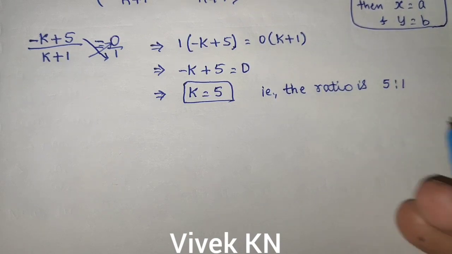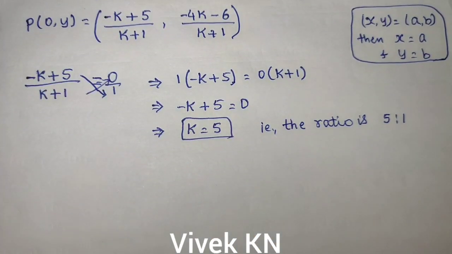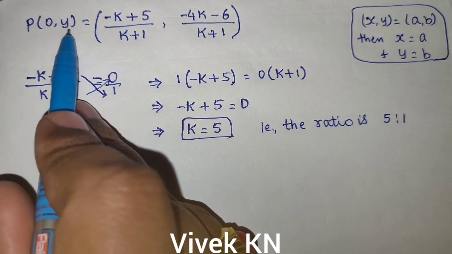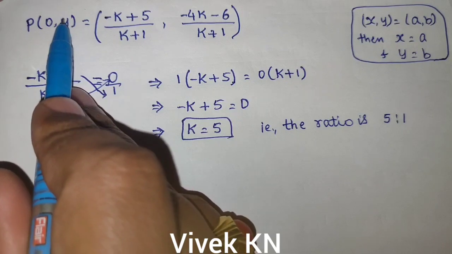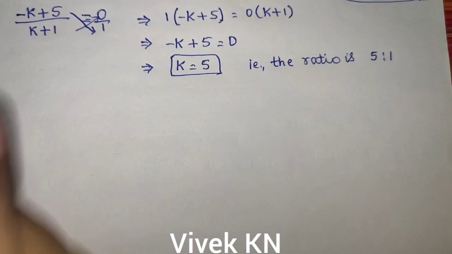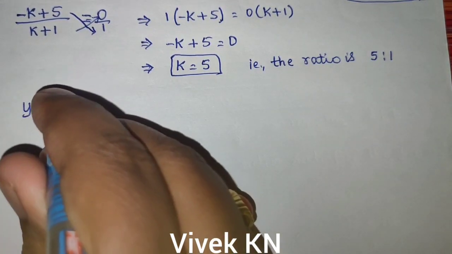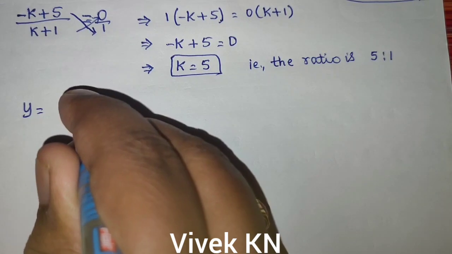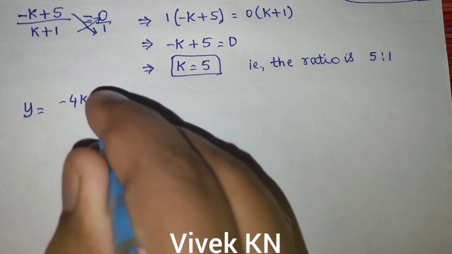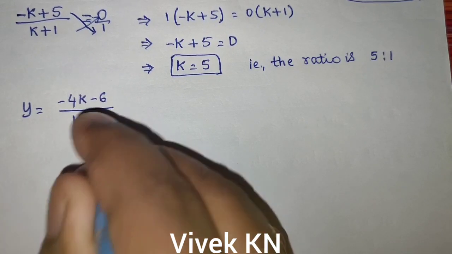Now we have to find out the value of y. For that, we have to equate the coordinates of y on both sides. That is, y is equal to (-4k - 6) divided by (k + 1).